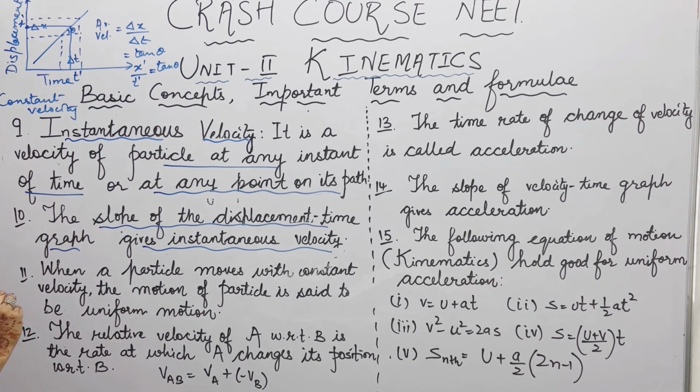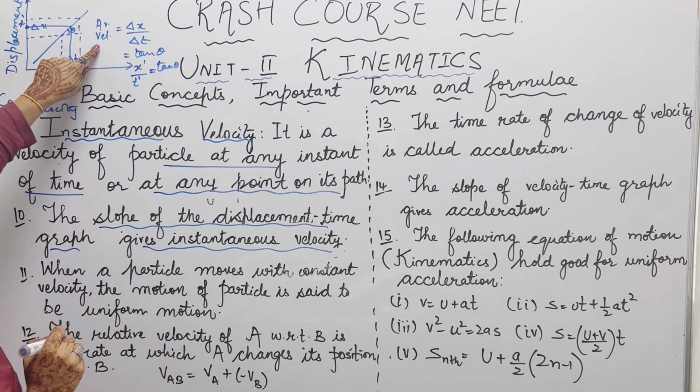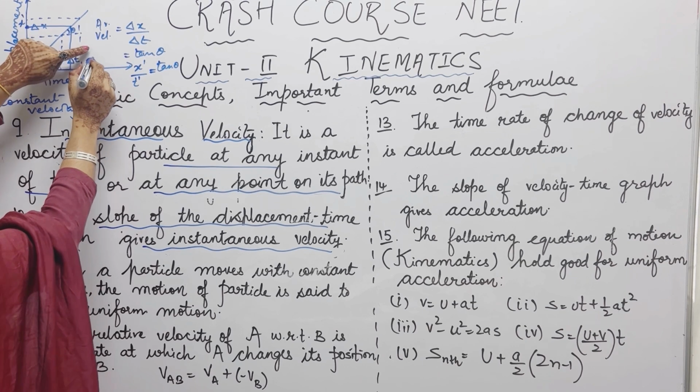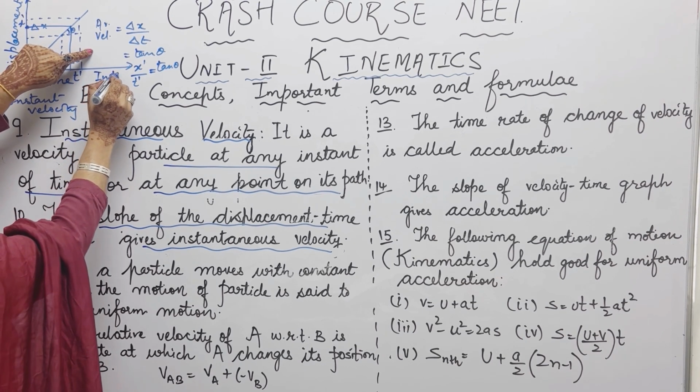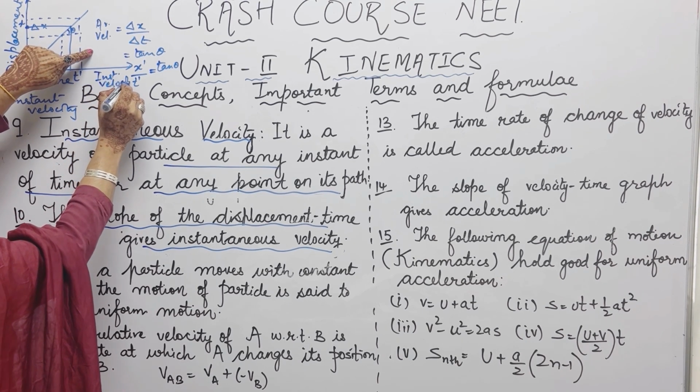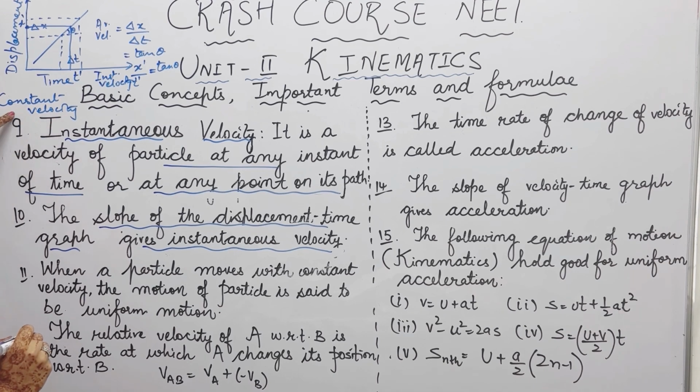It means that average velocity is equal to instantaneous velocity when the body is moving with a constant velocity.